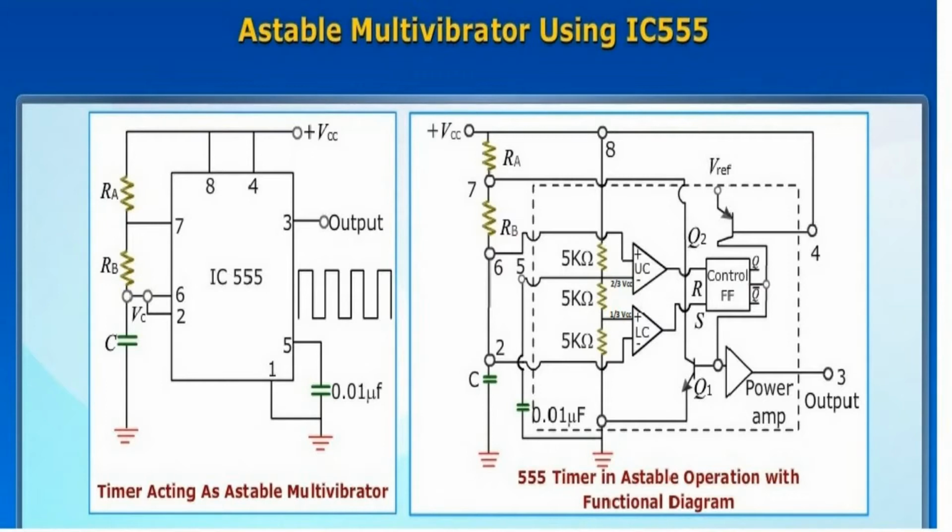Next, comparators. We know that the comparator has two inputs, a positive terminal input and a negative terminal input. They are called the non-inverting input terminal and the inverting input terminal.